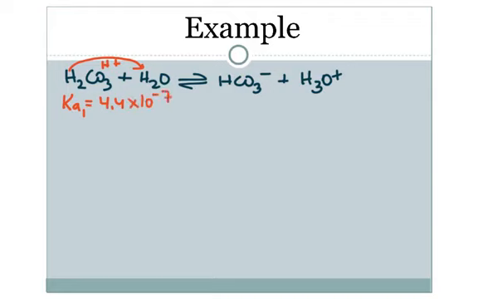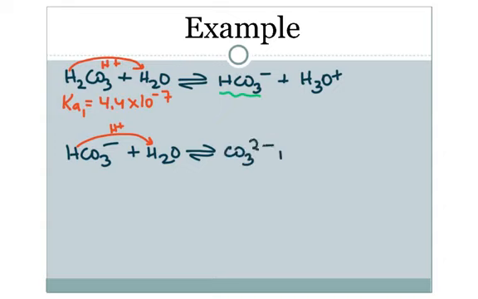Let's have a look at the second possibility for carbonic acid. It becomes HCO3 minus after losing the first H. You can see it up here. Now I want to do the second H plus transfer. It can lose yet another H plus, and it can become CO3 2 minus and H3O plus.